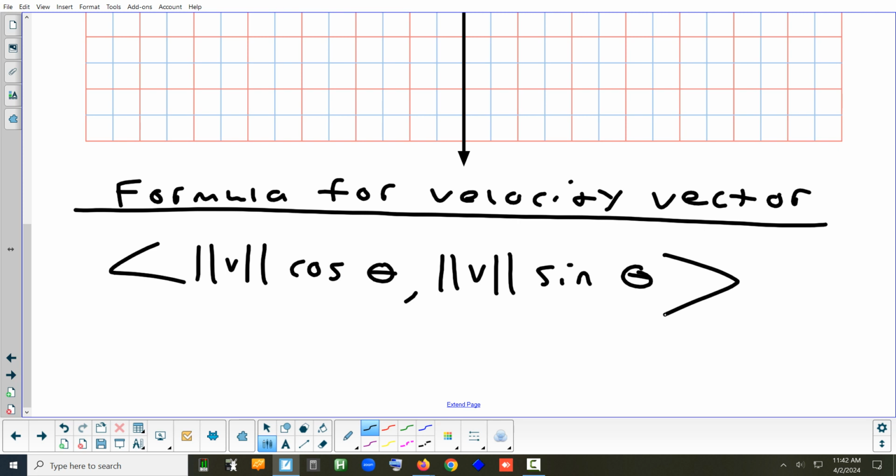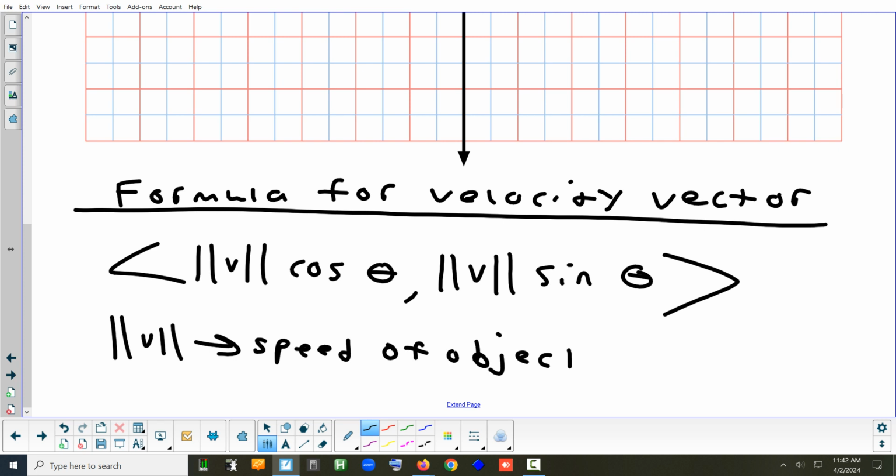All right, just to be clear what those two things are. Magnitude v, that's the speed of whatever, the speed of the object in the problem. And theta, that's a Greek letter, and usually we use Greek letters to represent angles. That's the angle.